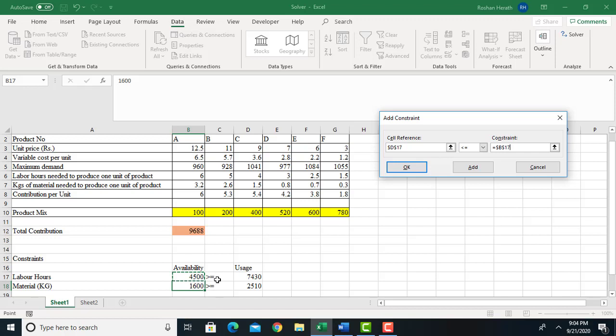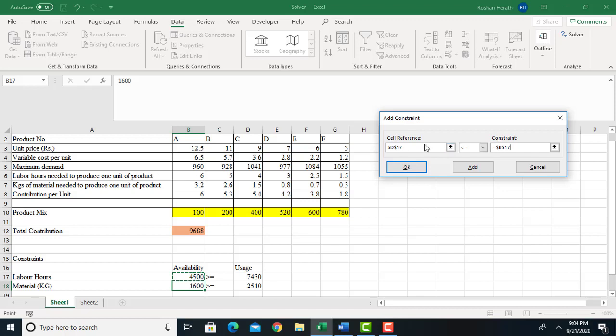There's no rule on that, but the most important thing is you identify the availability and usage. Then everything depends on how you feed that particular piece of information to this constraint. That is the most important thing, right?